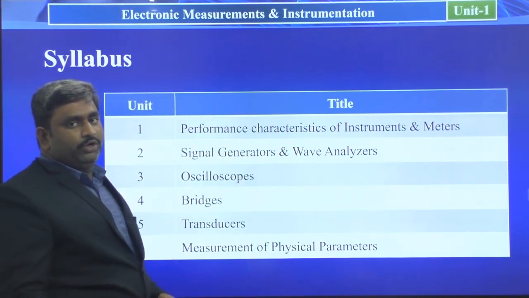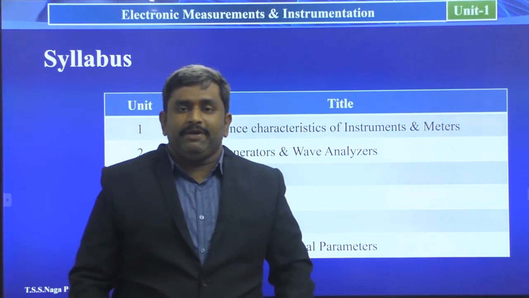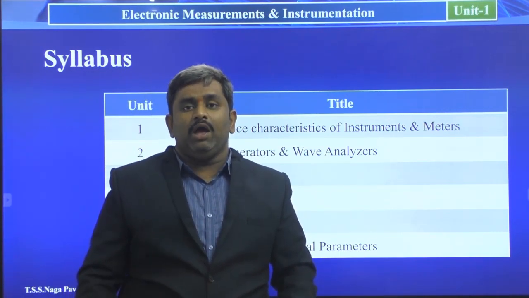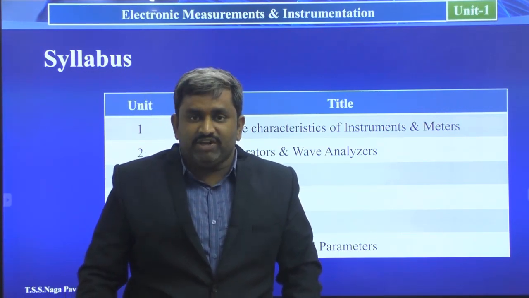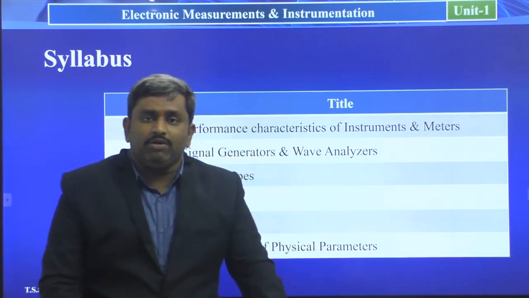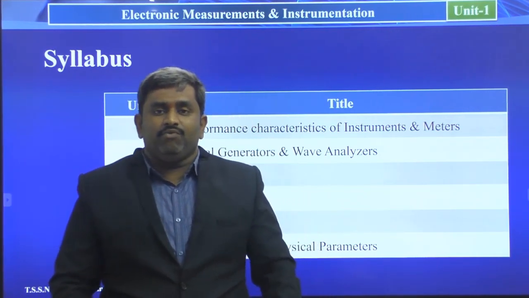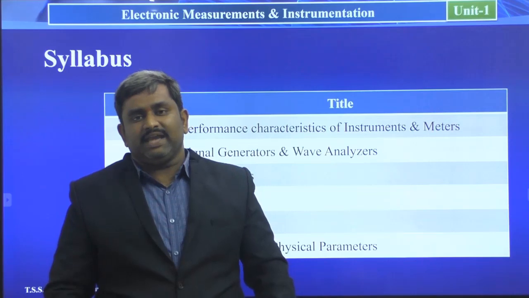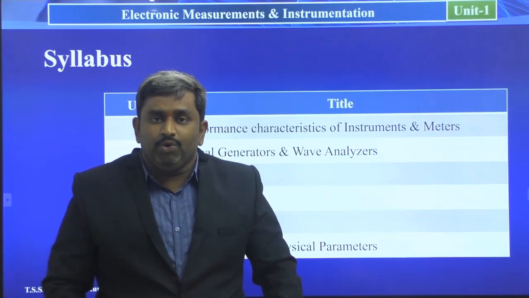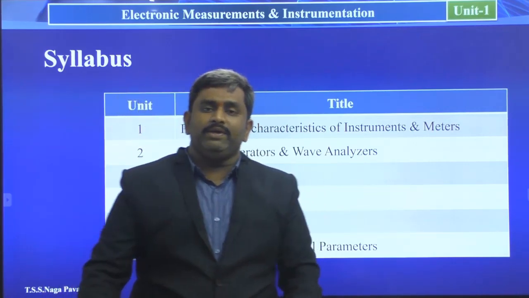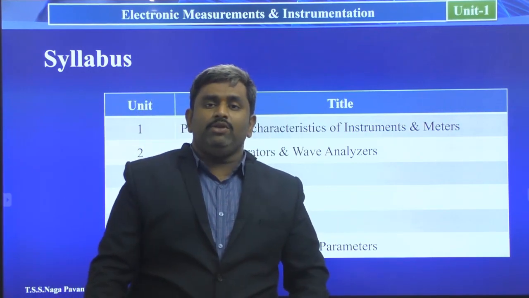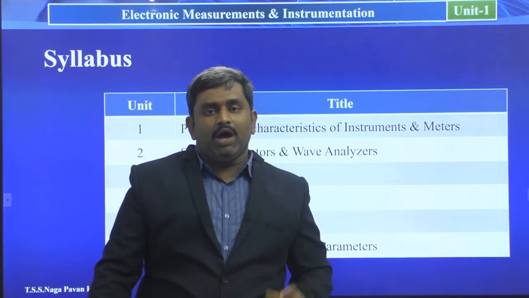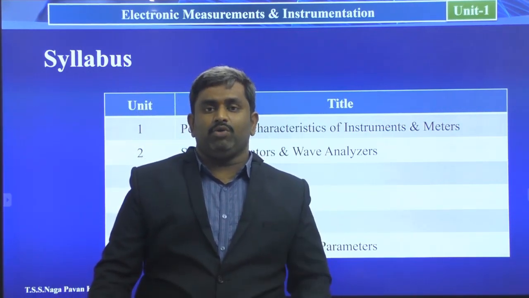Now coming to the fourth unit, bridges. A bridge circuit is used for measuring unknown values. In many fields, we have resistance, inductance and capacitance values that we don't know in real time, and we have to measure them: unknown resistance, unknown inductance, and unknown capacitance.